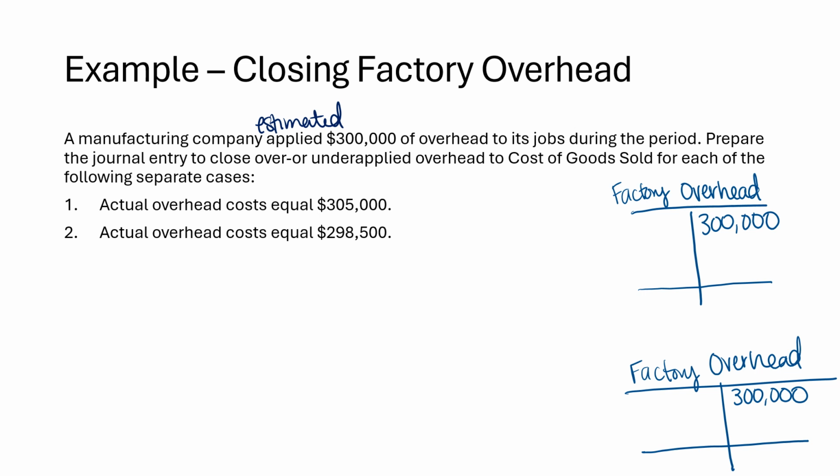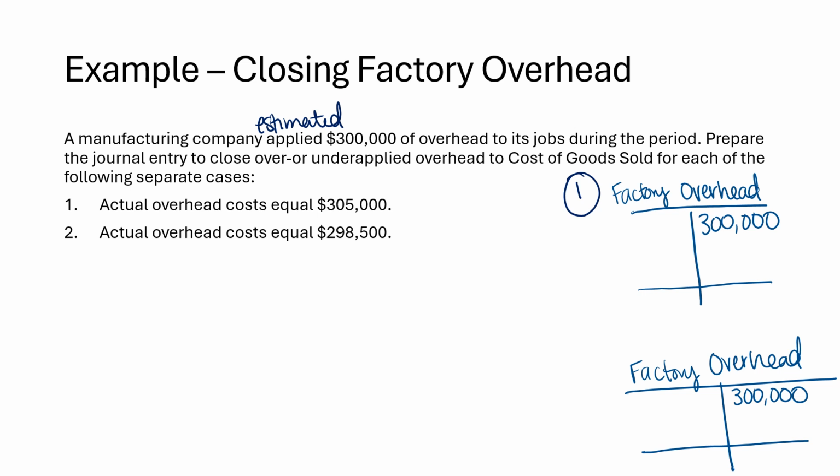So that's going to be a credit to factory overhead. Prepare the journal entry to close over or under applied overhead to cost of goods sold for each of the following separate cases.